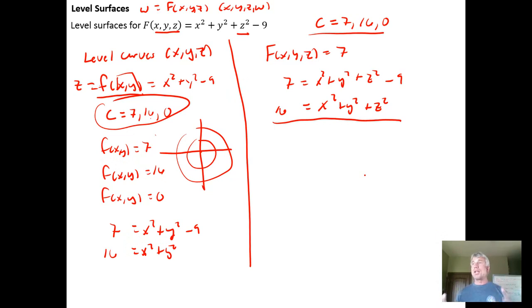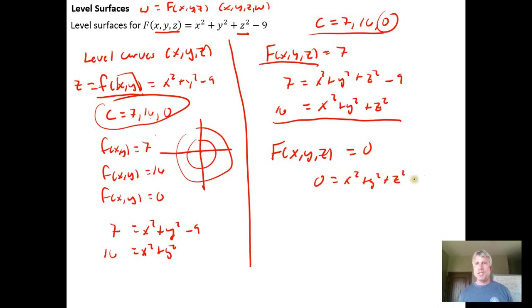We get three-dimensional objects. And when we develop the technique for finding planes that are tangent to a surface, the idea of level surfaces is going to be particularly important, and we're going to be particularly interested in the case where we let c equal 0, and we look at the level surface F of x, y, z equals 0, which in this case, if I replace the function here with a 0, I get 0 equals x squared plus y squared plus z squared minus 9.